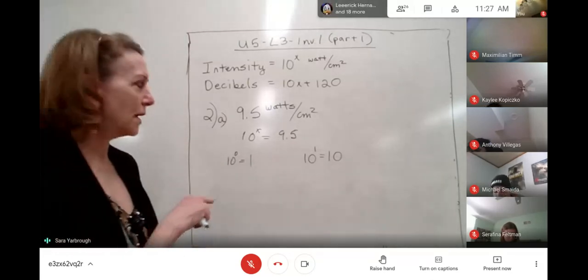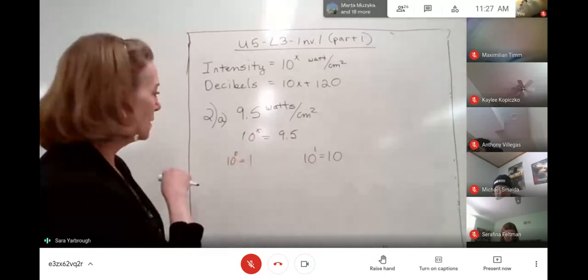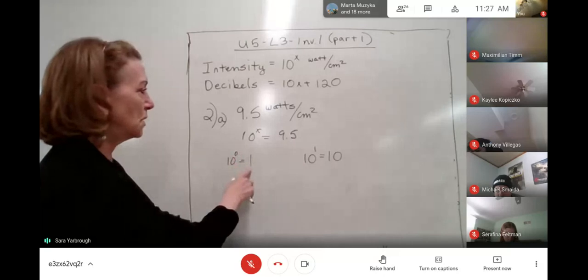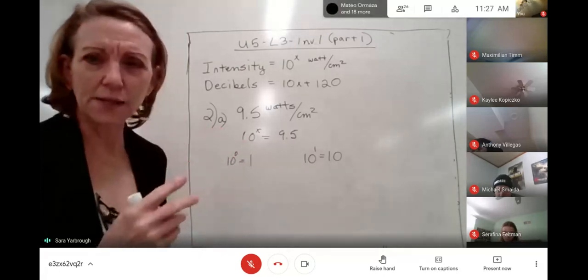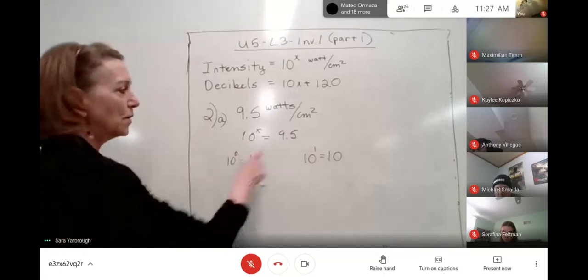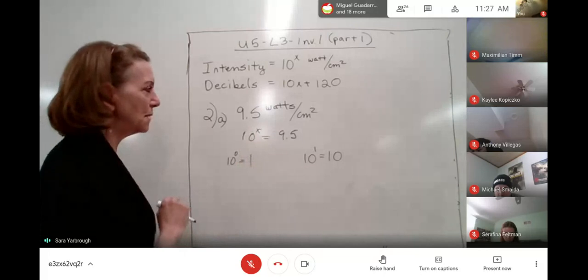You don't want to start at 10 to the 0.1. All right, don't do that, because you're going to be too close to the value of 1. Start up here, like at 0.7 or 0.8, where you're closer to the value of 10, and see if you can figure out what that exponent would be.